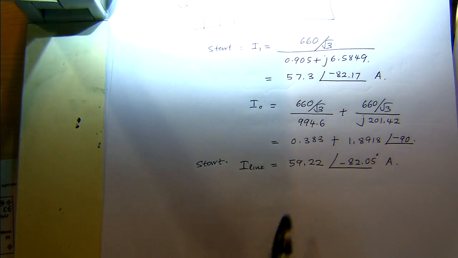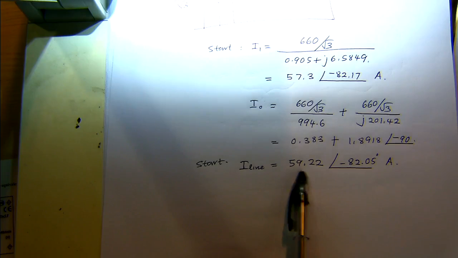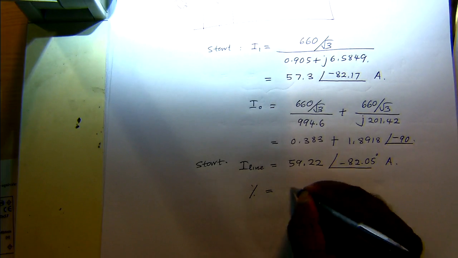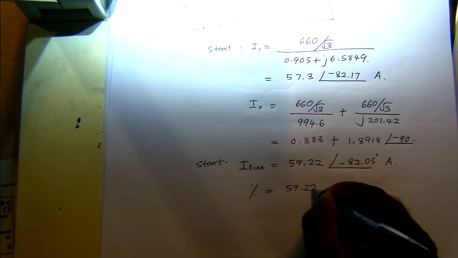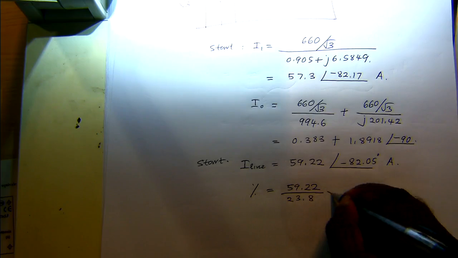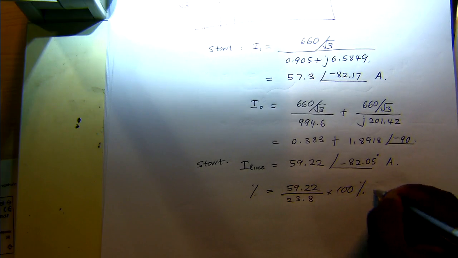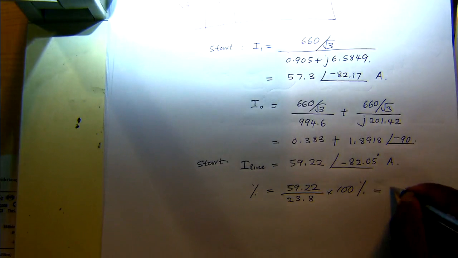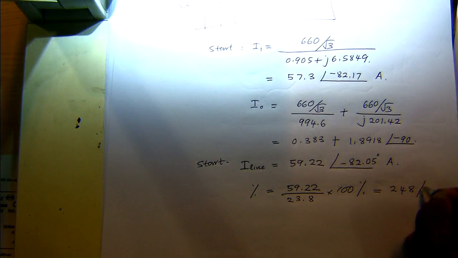23.8, we can find what percentage this is. Let's say percentage increase, so that will be 59.22 divided by rated current, which is 23.8, as a percentage. The current magnitude will be 248%.